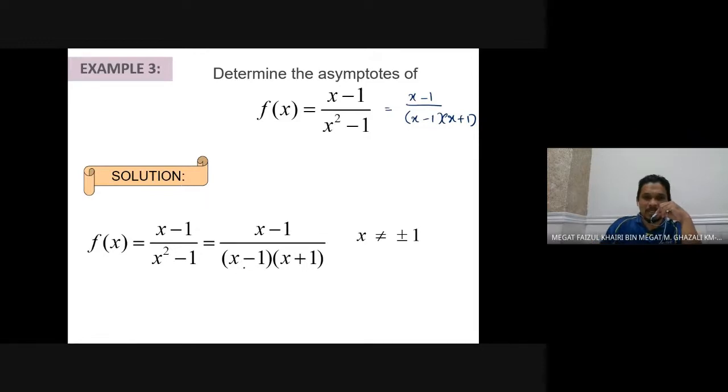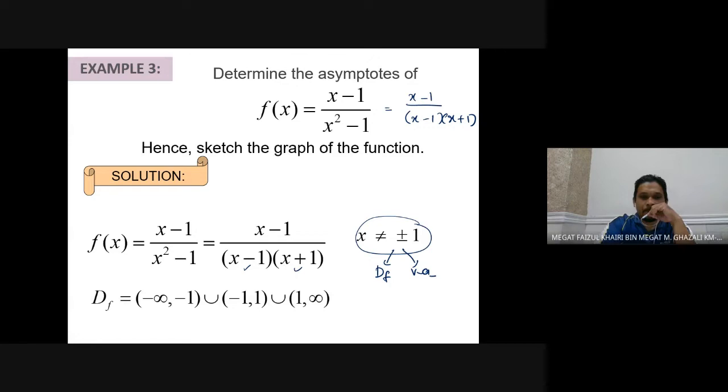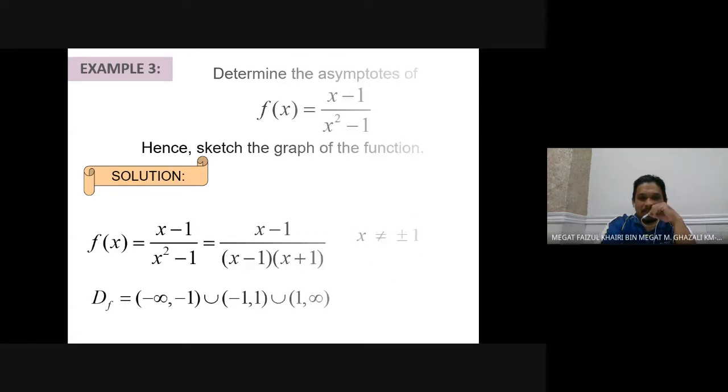So this is our reference now. And from here, it will also tell us the domain and the vertical asymptote. Okay. So this is the domain.